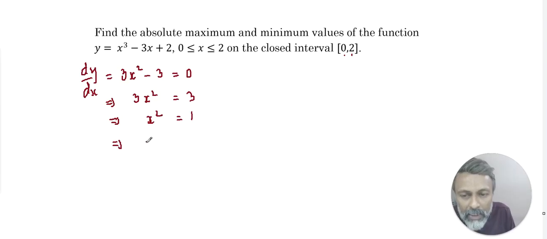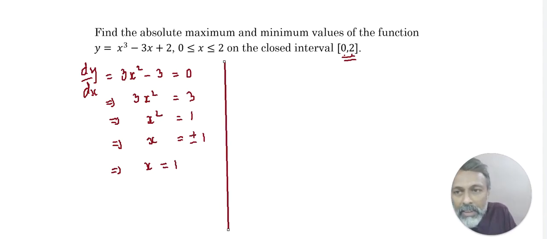Clearly, x is equal to plus or minus 1. Minus 1 is not acceptable as it does not fit in the interval of 0 to 2. So we take only x equal to 1. So the values at which we want to find the value of this polynomial are 0, 1 and 2.